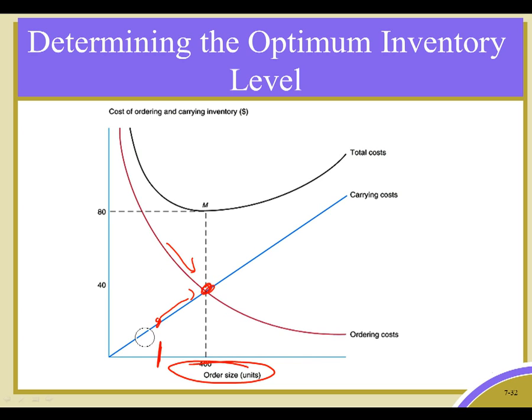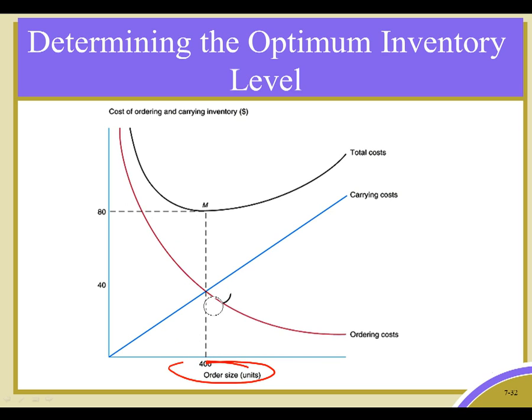And so when we talk about minimizing our total costs, what we really mean is if we add that amount right there to this amount, those two amounts added together give us the black line. So we're just stacking them on top of one another, and we minimize at this point where the ordering costs and the carrying costs are equal, where the per unit ordering and carrying costs are equal.